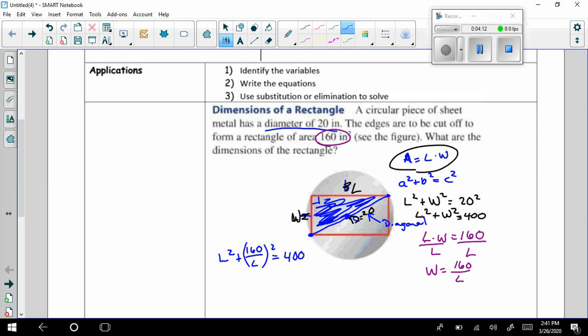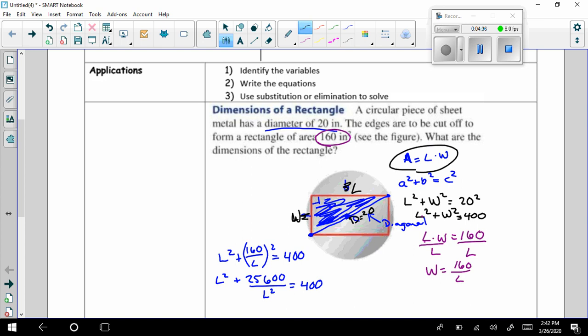When you square a fraction, square both the numerator and the denominator. So I'm going to take 160 squared, which is a big number, and that's okay, over L squared is equal to 400.